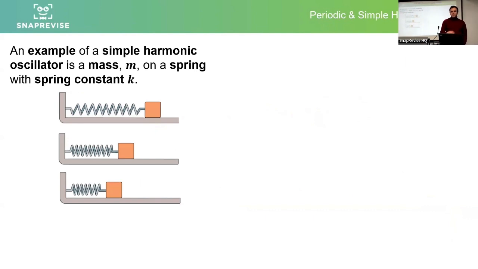Okay, I promise, we'll bring all these concepts together in just a moment. An example of a simple harmonic oscillator is a mass m on a spring with spring constant k. Okay, yep, this makes sense. The force here is equal to minus kx. Therefore, the acceleration is minus k over m times x. Therefore, you can see the acceleration is proportional to negative x.